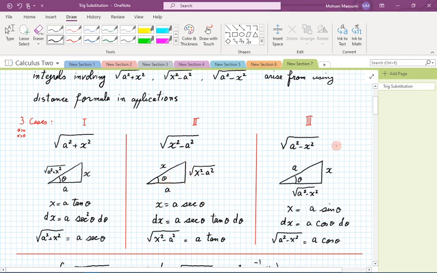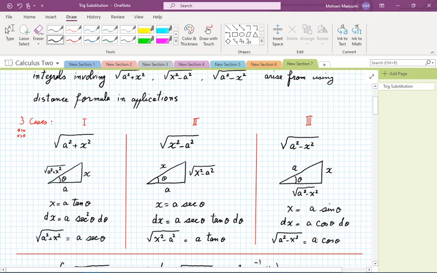In the third case, the hypotenuse is a constant and this side is the variable. We take the angle opposite that as theta, and the third side will be equal to this expression. So in this formulation, x becomes equal to a sine theta, the derivative of sine is cosine, and the expression that we are after will be a cosine theta.